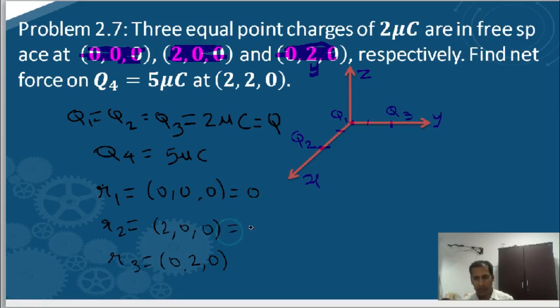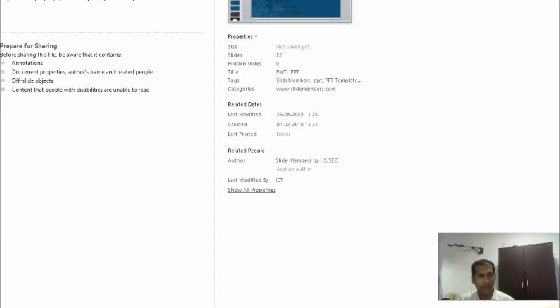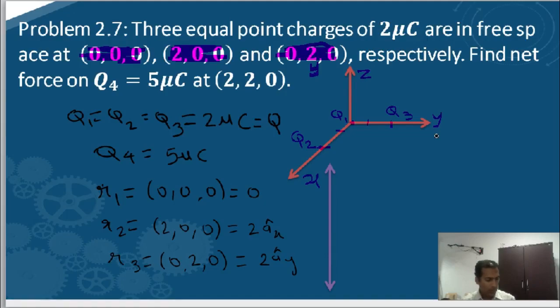But here if we convert them with direction, we get 2ax cap for R2, and this one we can write as 2ay cap. So this is R3. So R4 we can write, R4 points are 2, 2, 0. That means we have 2ax cap plus 2ay cap. So this is R4.